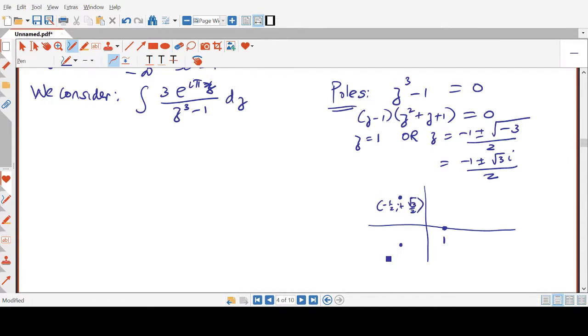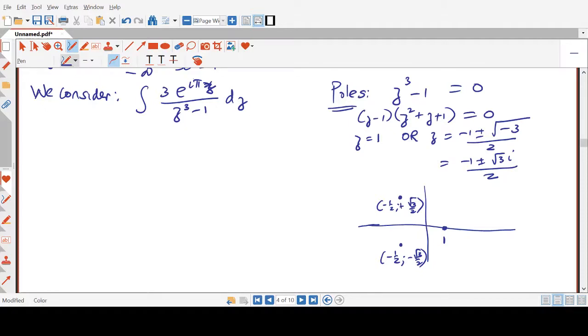And down here would be minus half minus root 3 over 2 i. So those are the 3 points. You plot the 3 roots. The coordinates are minus half, root 3 over 2, and minus half, minus root 3 over 2. X and Y coordinates. Plot them on the complex plane. Again, draw a diagram if you like.